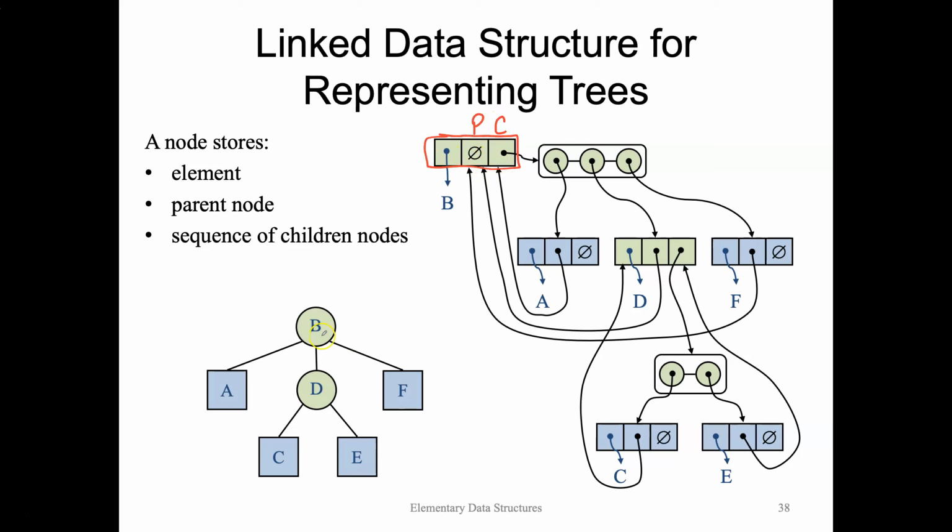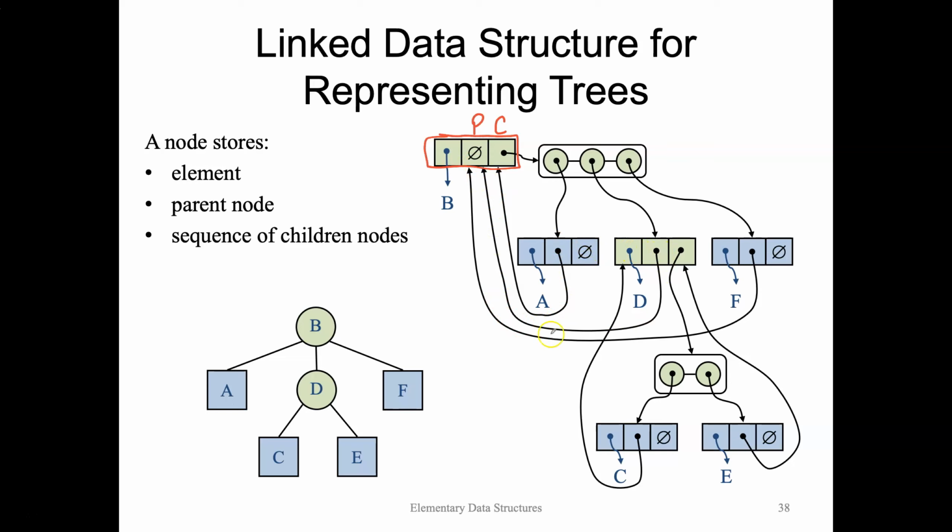So B is the root, it has no parent, so this is the only one that has a null parent node. And then we store a reference to all of its children. Here we've got a sequence for each child, so this points to its children A, D, and F. A, for example, has its parent going back to B, and it has no children.